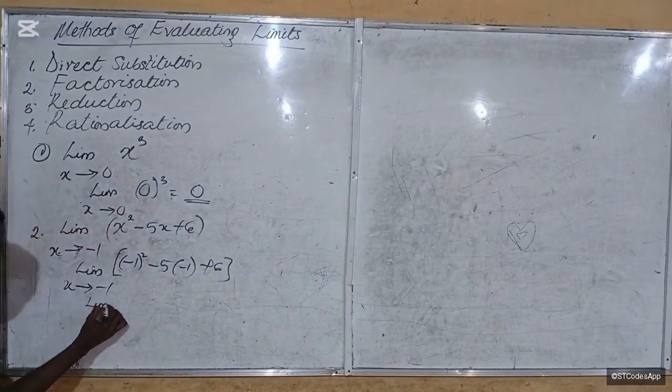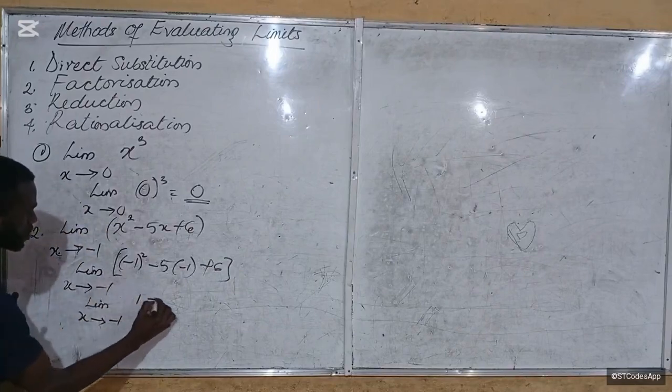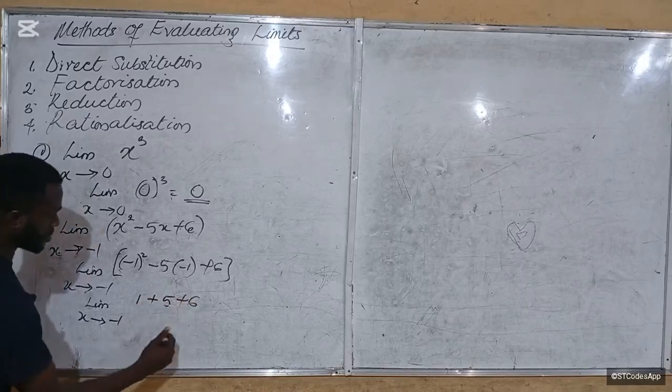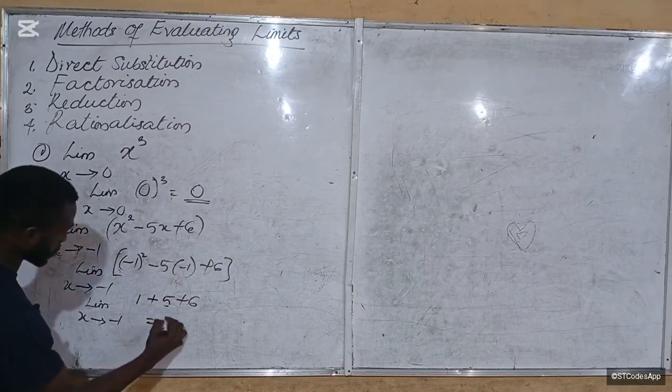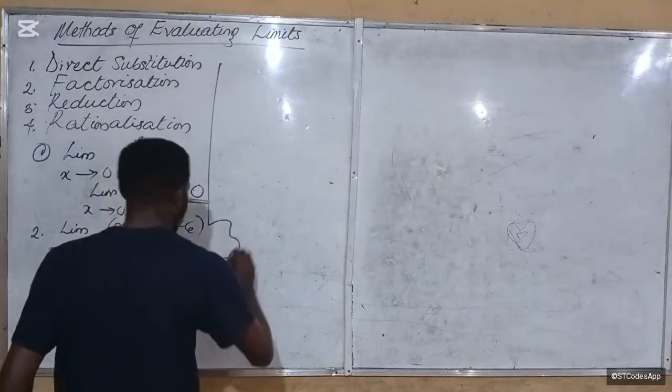So (-1) squared is 1, minus times minus is plus 5, plus 6. So 1 plus 5 plus 6 is equal to 12. So our limit as x approaches -1 is 12.